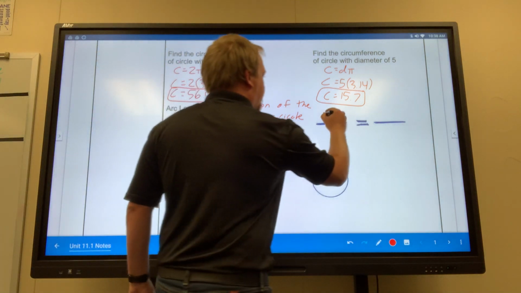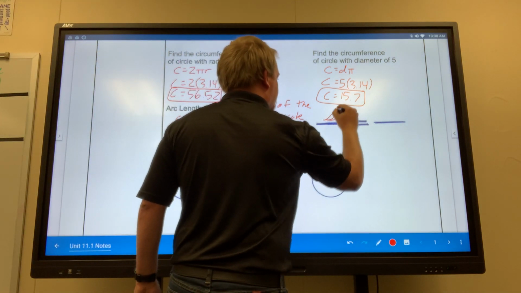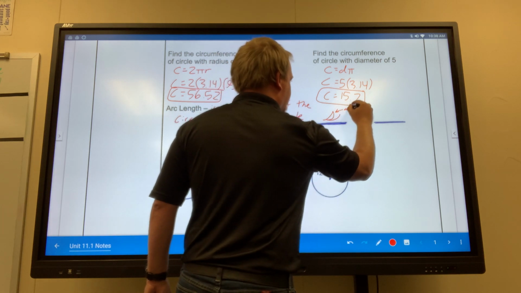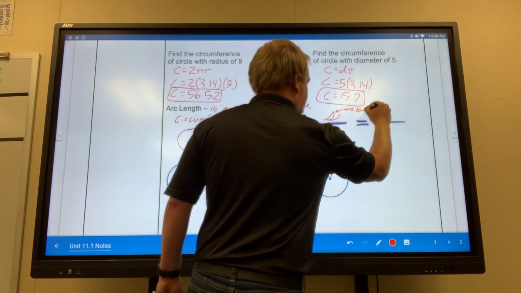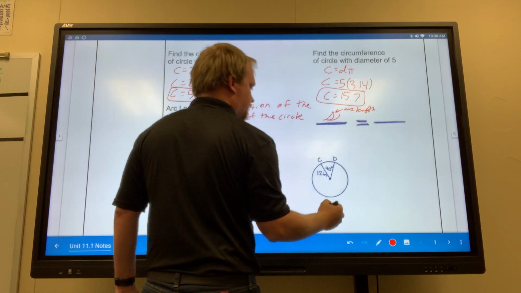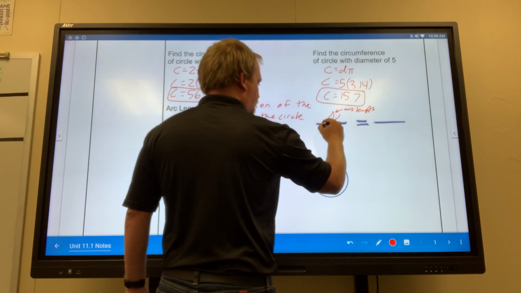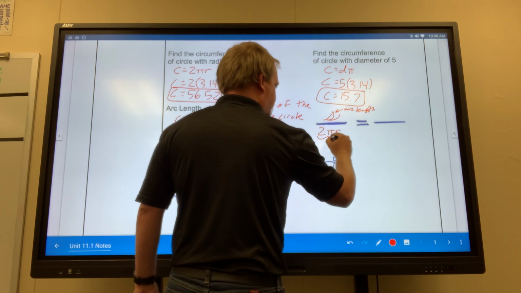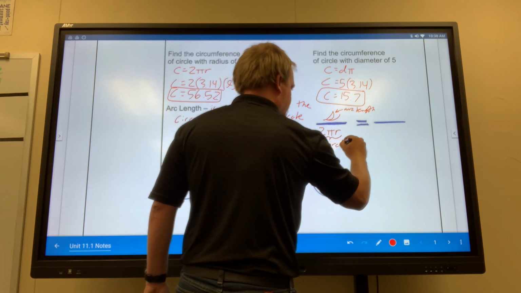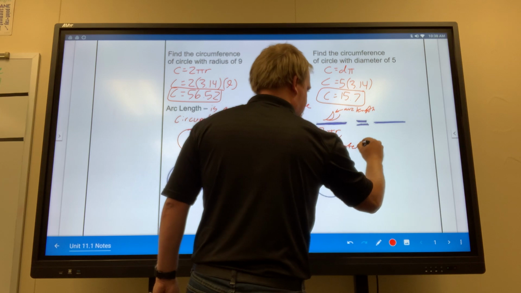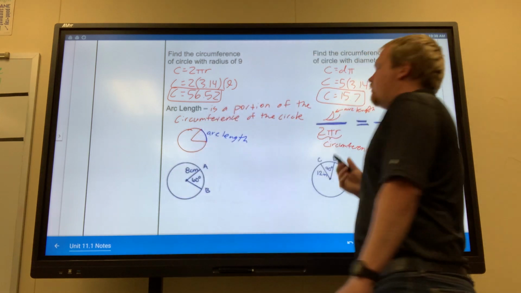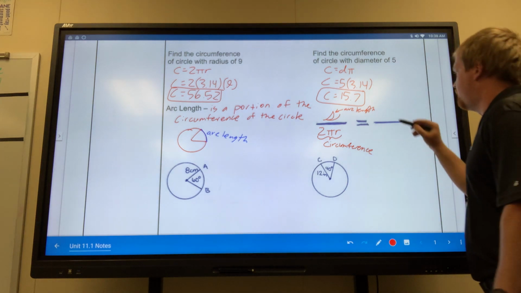S is going to be the arc length. Then 2 pi r, which we know to be the circumference. So 2 pi r is our circumference.